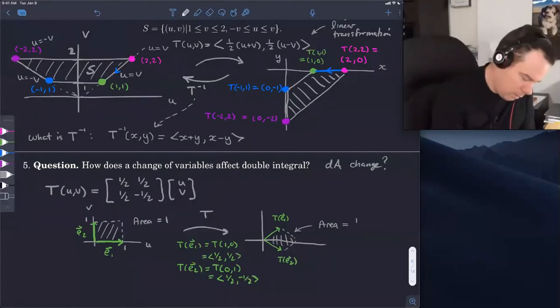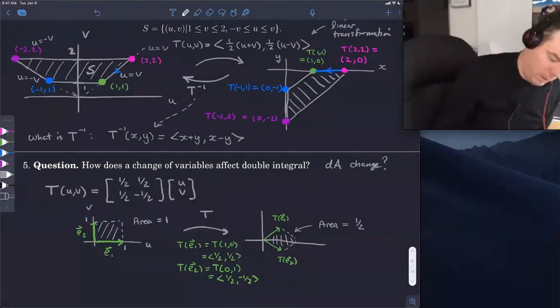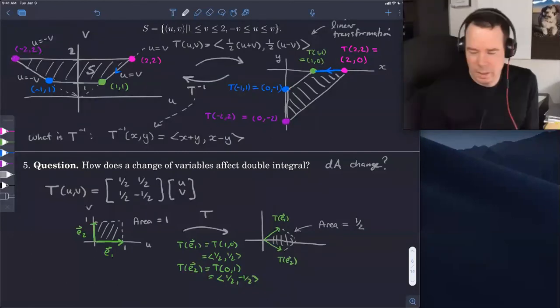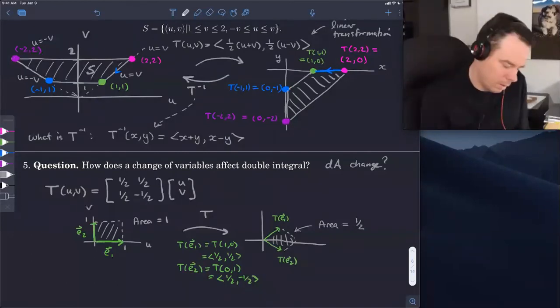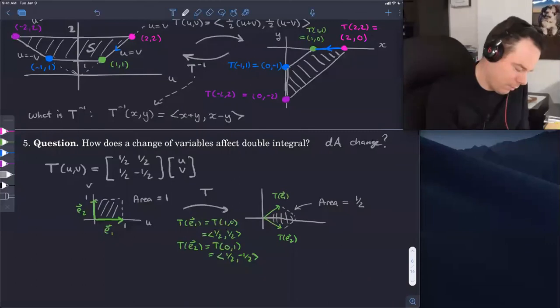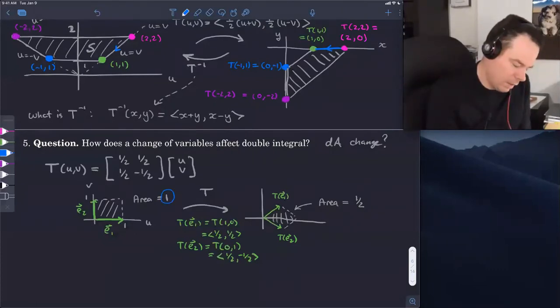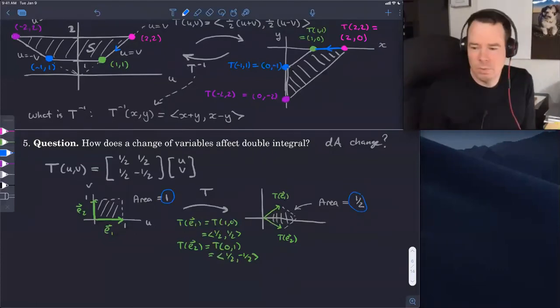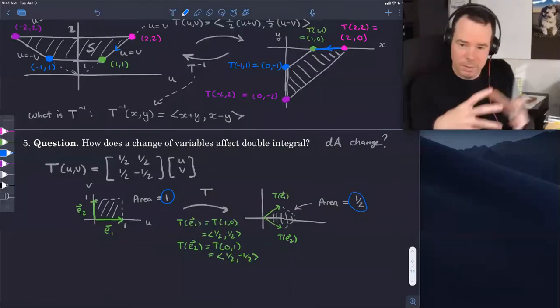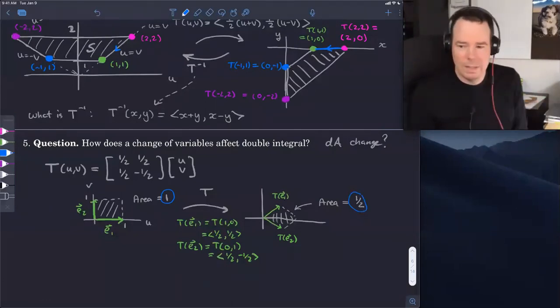I've got a half and a half for one side vector and then a half and negative half for another side. So this is an object whose area is a half. And so the answer to our question, how does the area change? The area of a region of size 1 has now gone to an area of size a half. So this transformation is shrinking areas.